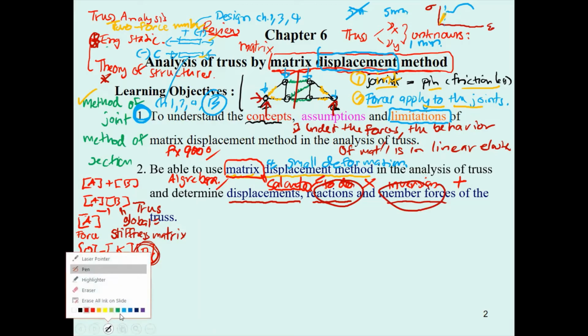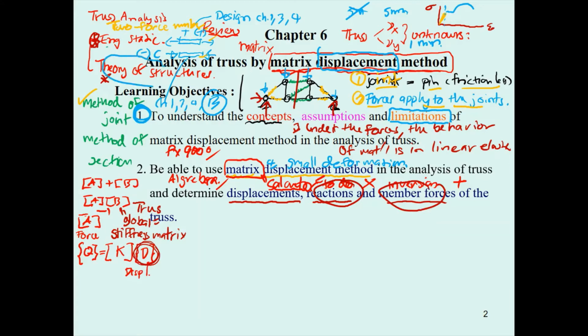And later in theory of structures, you use this knowledge to determine the displacement of the truss. So this method is the opposite. You start by computing the displacement, then the reactions, and then the member forces.